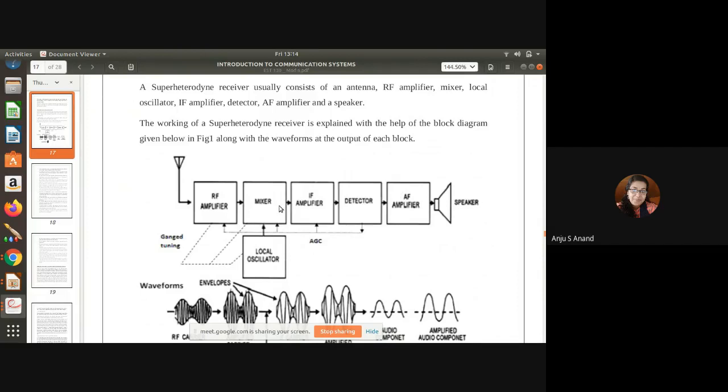The higher frequency component is filtered here, and only the lower frequency component, called the intermediate frequency, is transmitted to the further stages.